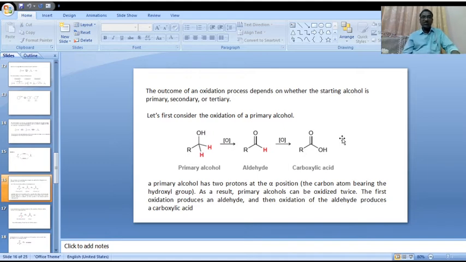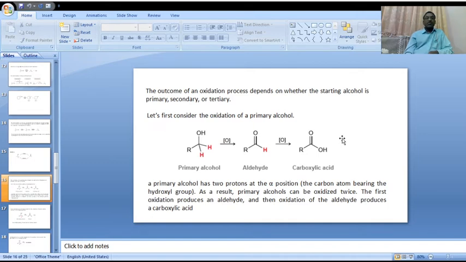Primary alcohols generally undergo oxidation to give aldehydes, and if the reaction proceeds further, will give a carboxylic acid.